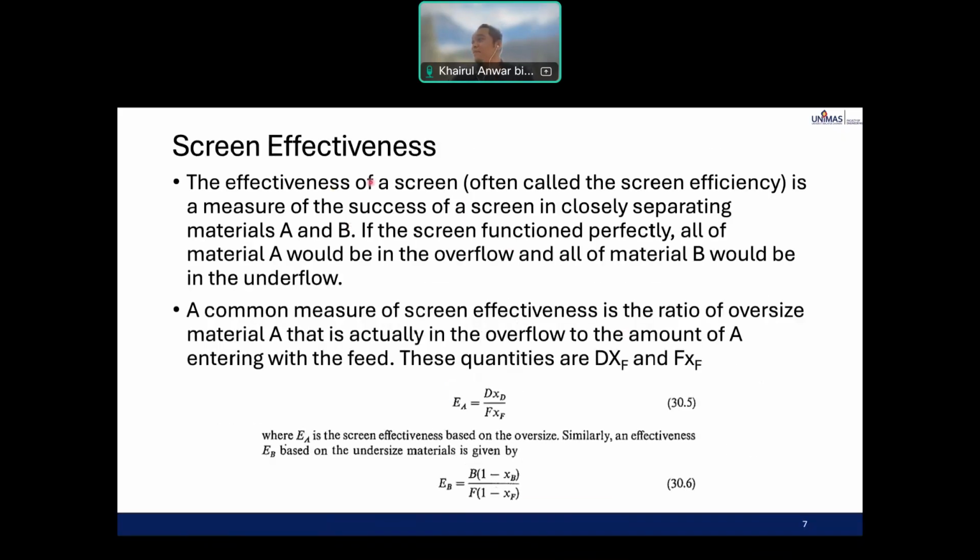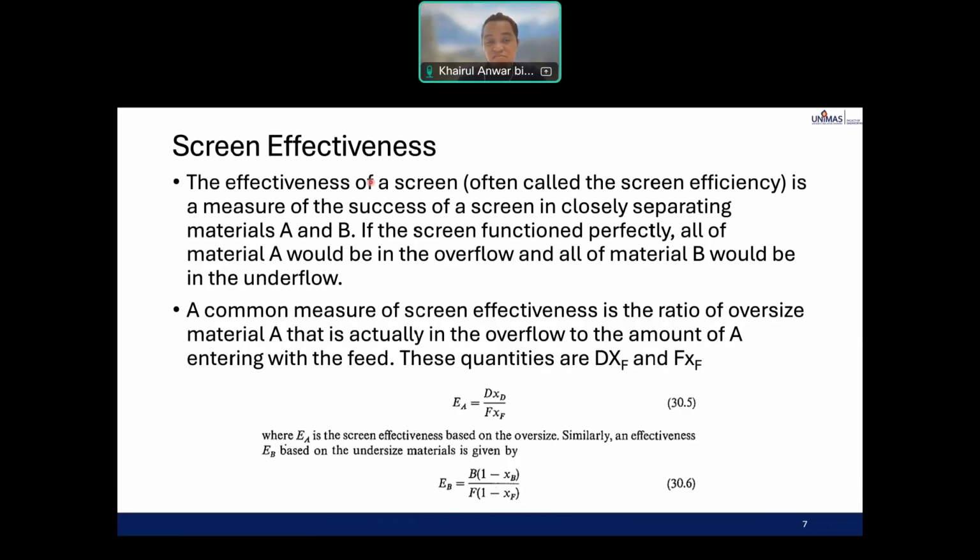Screen effectiveness. The effectiveness of a screen, often called the screen efficiency, is a measure of the success of a screen in closely separating materials A and B. If the screen functioned perfectly, all of material A would be in the overflow, and all of material B would be in the underflow. That is ideal or perfect function, but some will stay also.